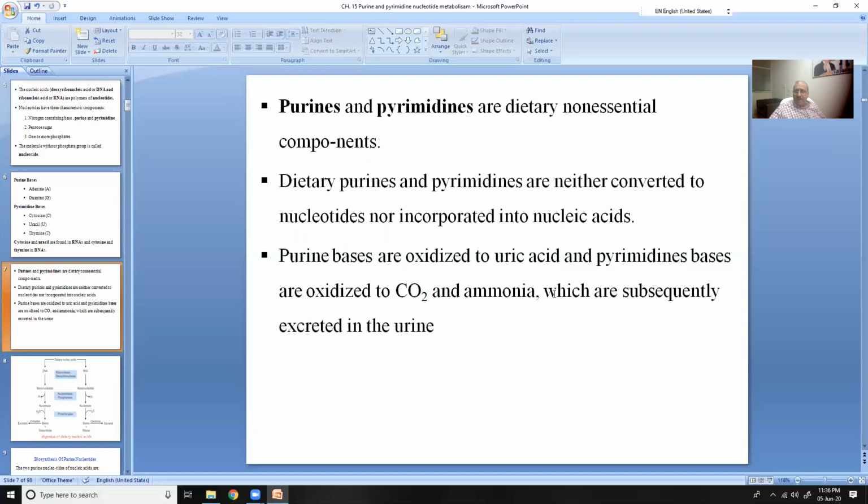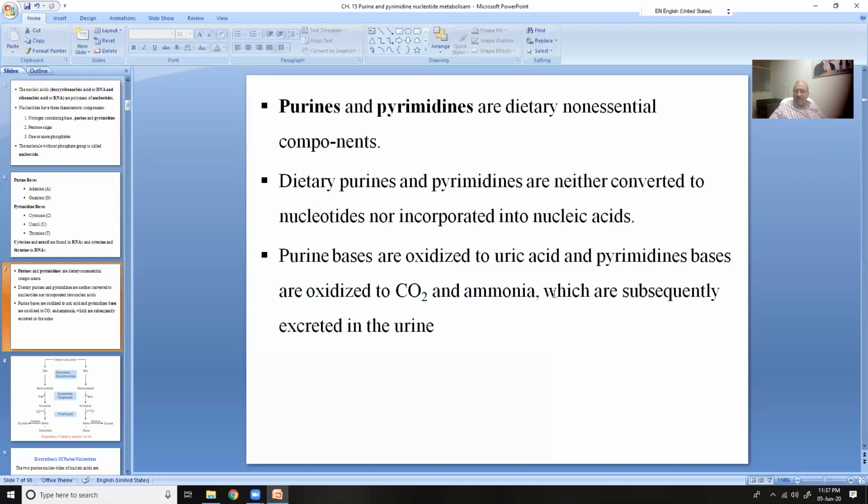Dietary purines and pyrimidines are neither converted to nucleotides nor incorporated into nucleic acids. Purine bases are oxidized to uric acid, and pyrimidine bases are oxidized to carbon dioxide and ammonia, which are subsequently excreted in the urine.